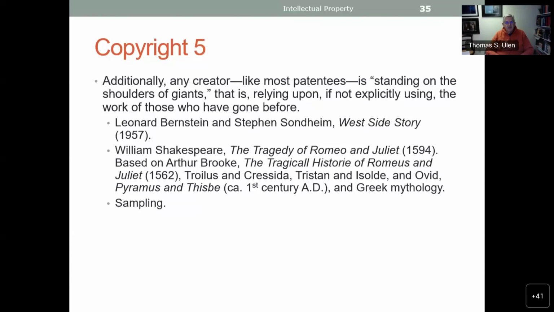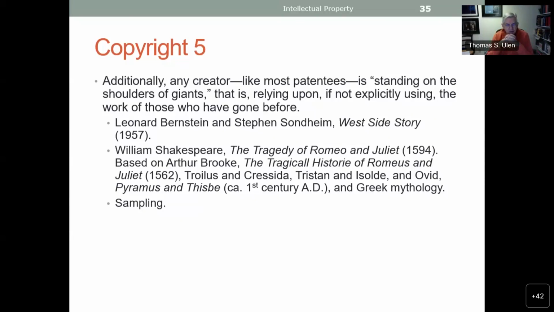1500 years later, William Shakespeare writes the tragedy of Romeo and Juliet. That's about two young people, a boy and a girl, from different families, the Montagues and the Capulets, who are fighting and are opposed to there being any connection between those two families.